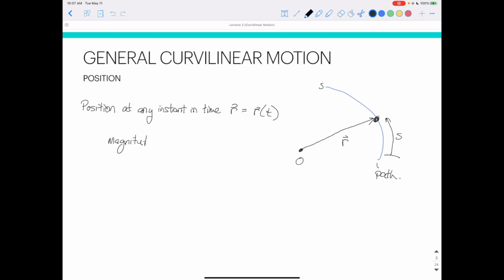So the magnitude of R we'll just write as R, the absolute value of that vector, and it will have a direction.